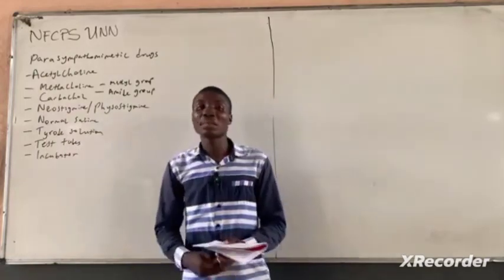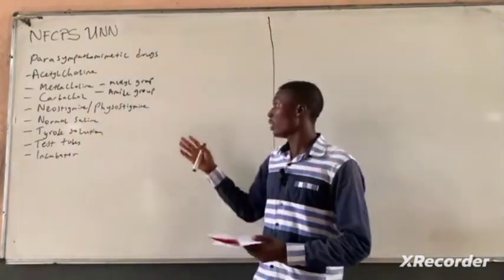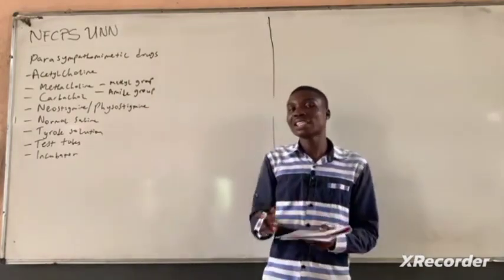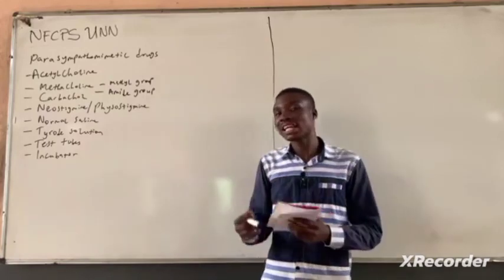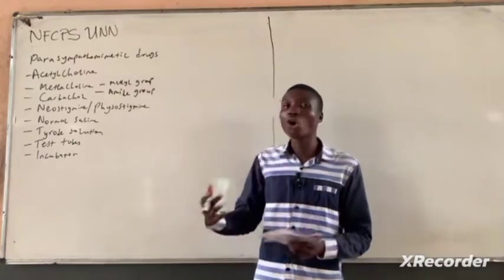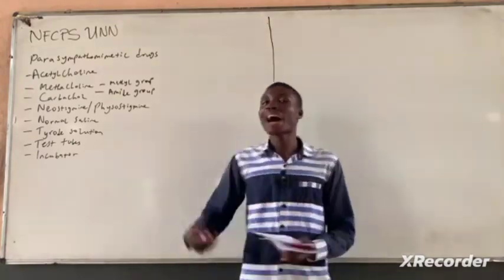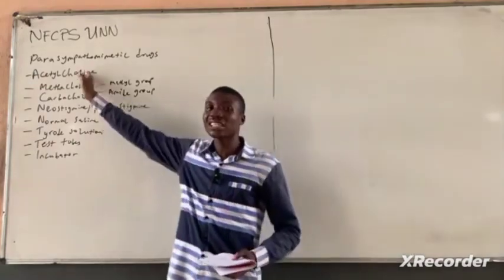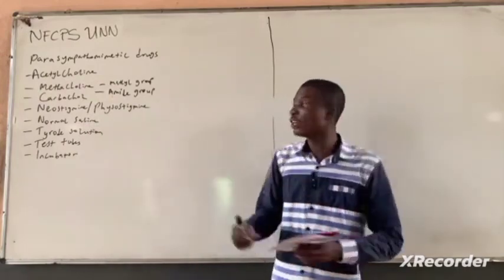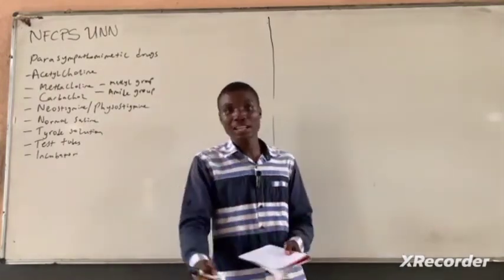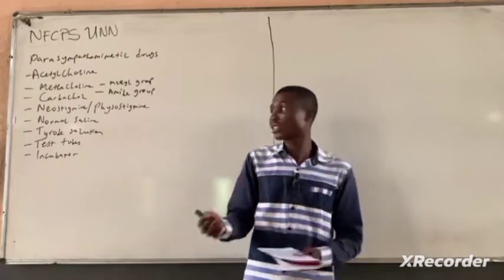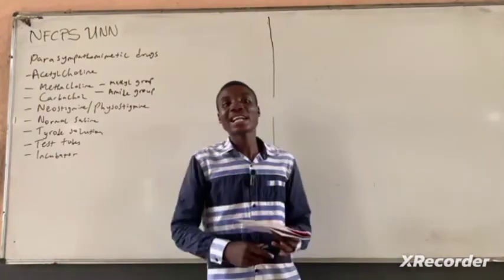Now, when we talk about neostigmine and physostigmine, they simply refer to drugs that act on the cholinesterase enzyme. They are anticholinesterase. Simply means that they work on cholinesterase enzyme. They bind them and prevent them from acting on acetylcholine or methacholine. Under neostigmine and physostigmine, you also have examples like rivastigmine, and we have so many other examples which you can find online in your textbooks and other sources.